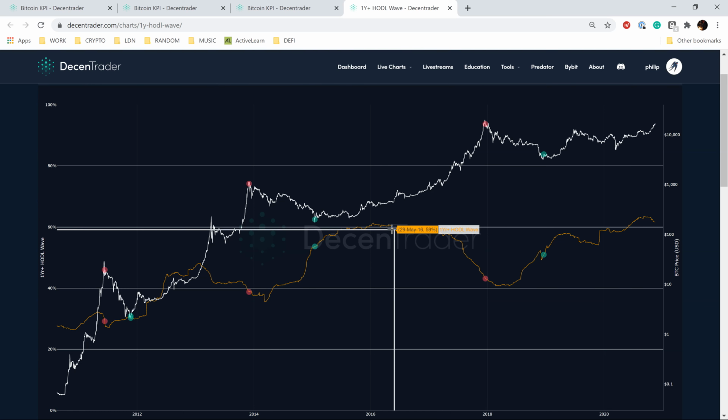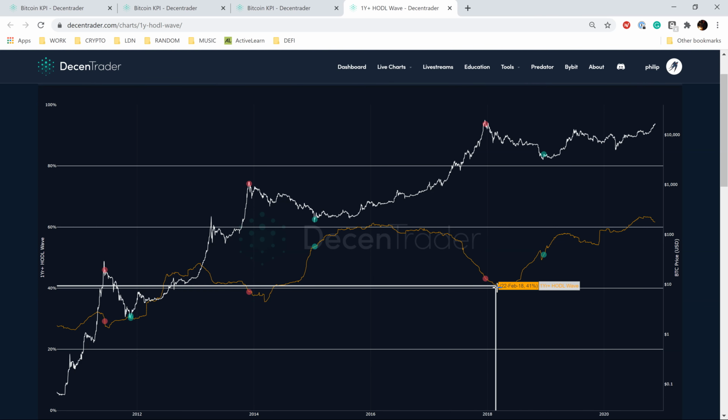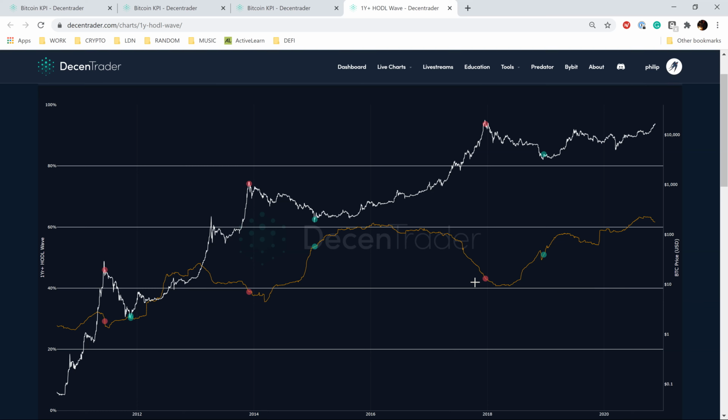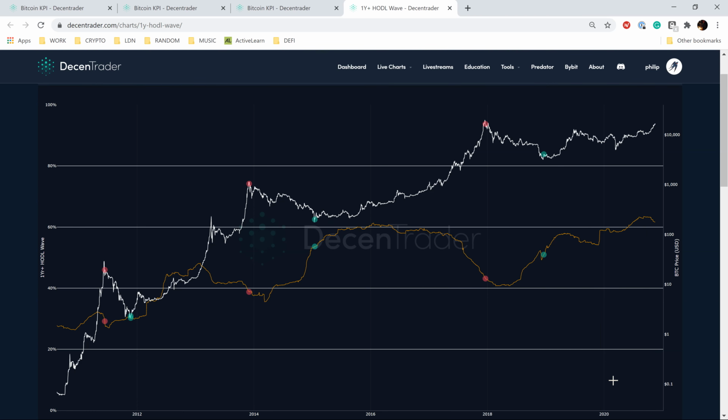And what we saw last cycle is it went from around 61% down to a bottom of about 41%. So this cycle we saw the high was 63. I'd expect the low to be around 45% this time. So on our KPI dashboard, the 0 is from this level here, and the 100 will be when the 1 year Hodler Wave is down to a level of around 45%.